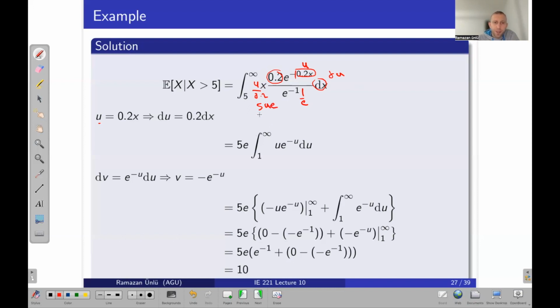That 5 and e are constants, so they can go outside the integration, and we will end up with u times e to the minus u du.